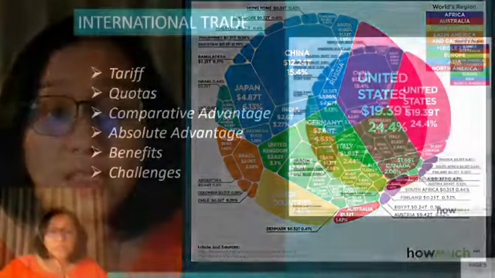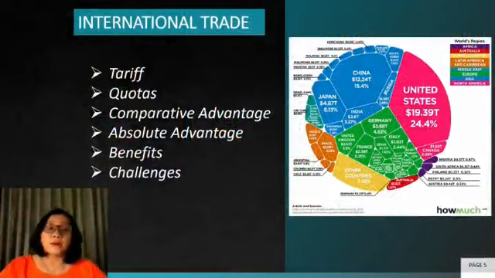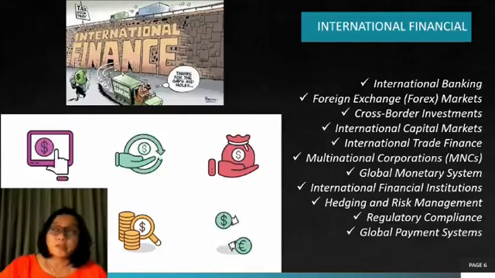Next, we will go to chapter 3, where we're talking about international finance. Generally, it refers to the aspect of finance that involves cross-border transactions, investment, and finance on a global scale.